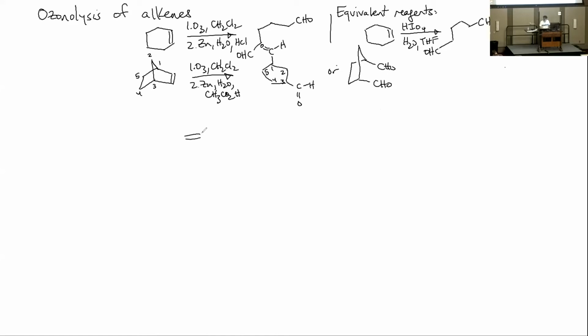There's my double bond. And then pick a number of carbons. I want my alkene to have 7 carbons. All right, so 1, 2, 3, 4, 5, 6, 7. I'm just going to make something up.